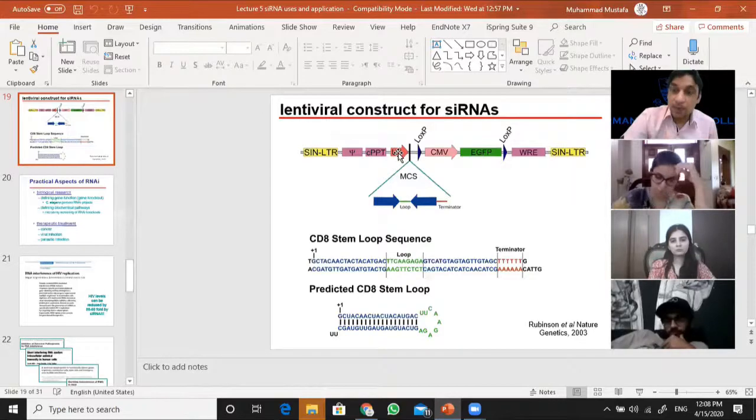U6 is a promoter. Whatever is after that will be assumed to be microRNA because it is an RNA polymerase 3 promoter. CMV is an RNA polymerase 2 promoter, so whatever is after that should produce a messenger RNA.